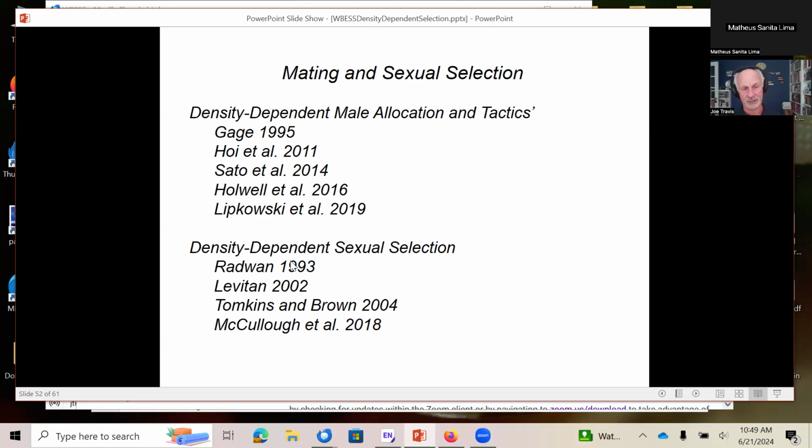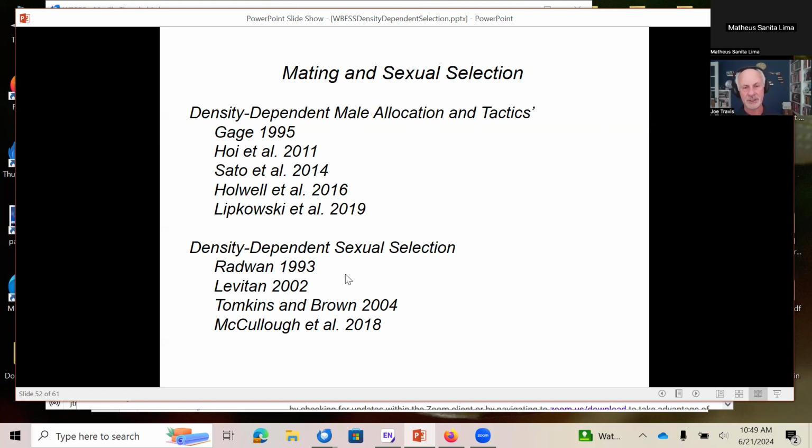And there are very nice studies showing density dependent sexual selection, where the actual prevailing male phenotype changes with density. So while these show phenotypic changes, these actually show you sexual selection.